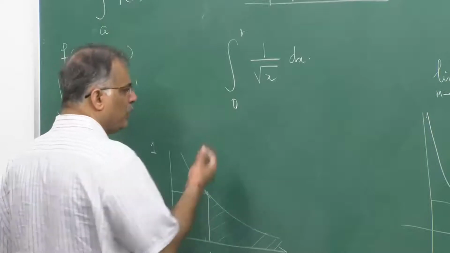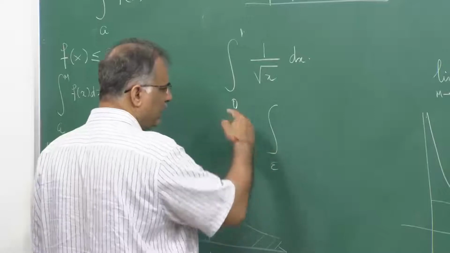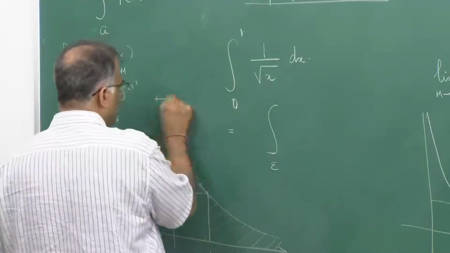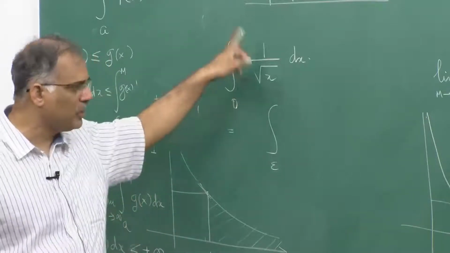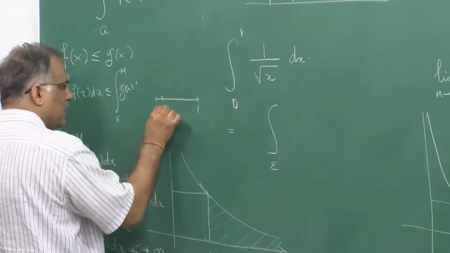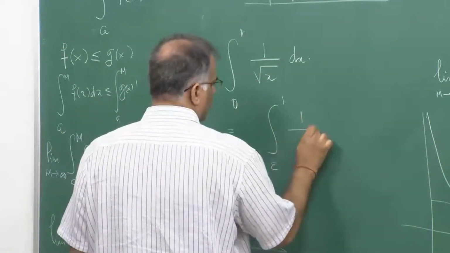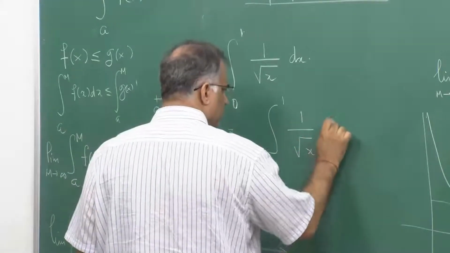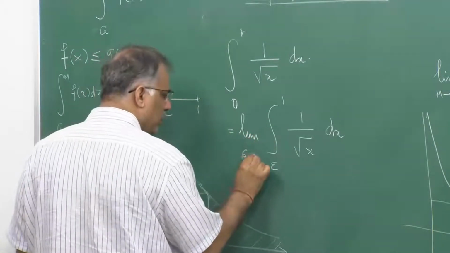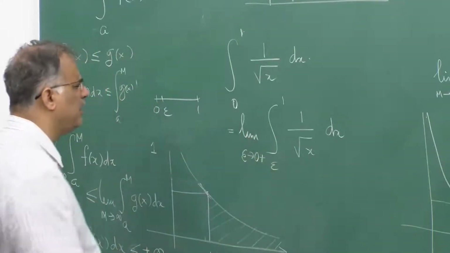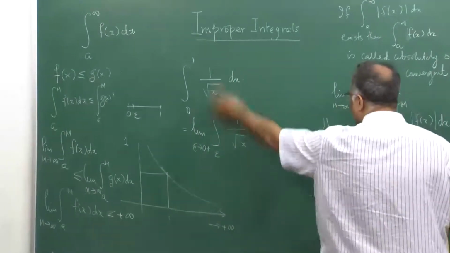So, again we have to bring in that simple idea: let me try one thing. I increase the value of epsilon, because I know that within 0 to 1, except 0, for all other points the function is well defined. So, if I take some epsilon positive and try to evaluate this, naturally I would expect that if this limit as epsilon goes to 0 from the positive side exists, then I would be able to call that limit the value of this integral.